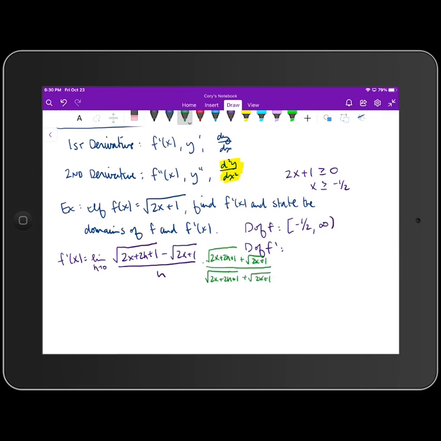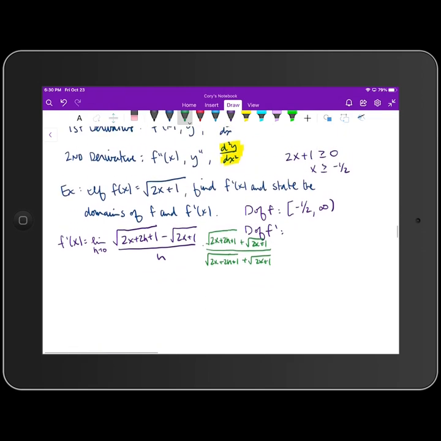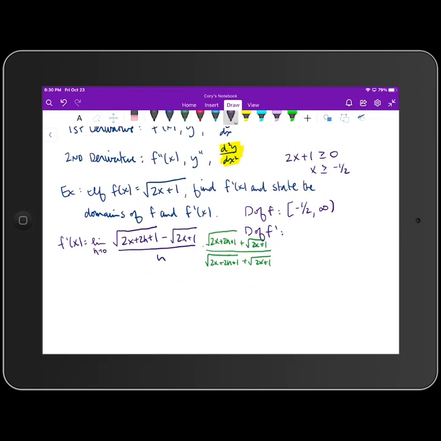Okay, so when I multiply the top and bottom by the conjugate, in the numerator, we get something of the form a minus b times a plus b. So that's going to multiply out to a squared. So rad 2x plus 2h plus 1 squared is just 2x plus 2h plus 1, minus b squared, which is rad 2x plus 1 squared.